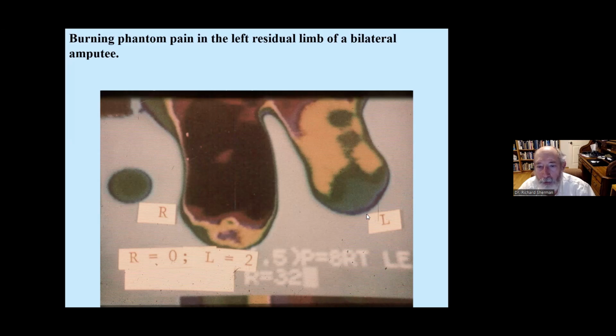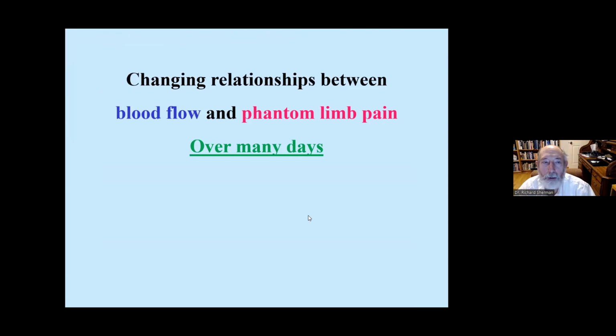Greens and blues here are less blood flow. So this person has a reasonable amount of blood flow in this residual limb, and they have no phantom limb pain. This one is pretty cold, and they're rating their phantom limb pain as a 2. And this is what we see. So we're able to evaluate what's going on.